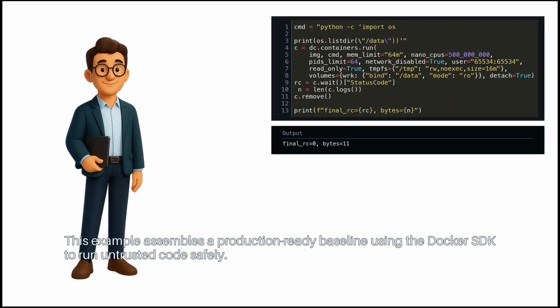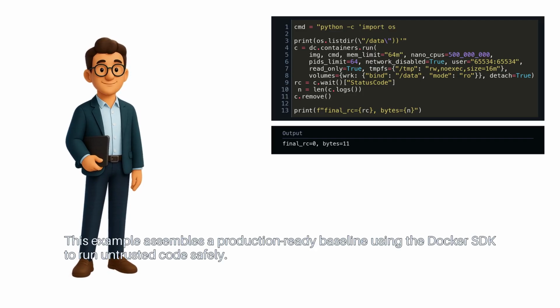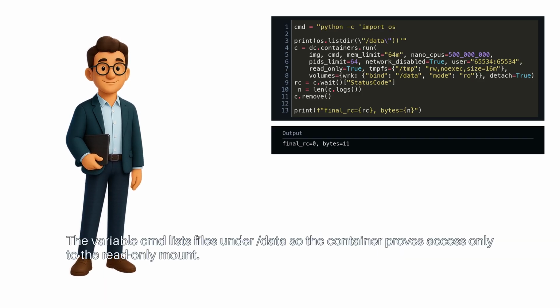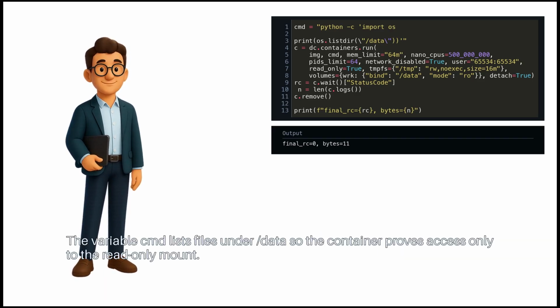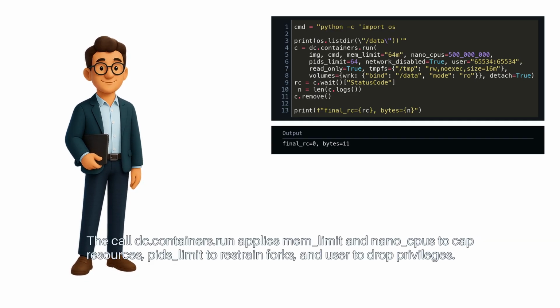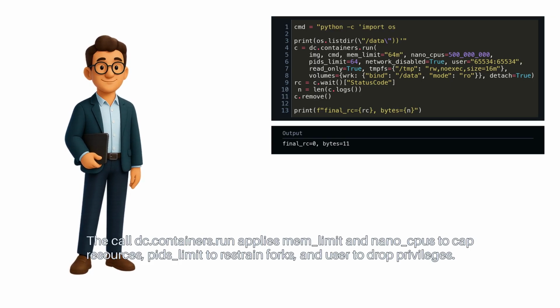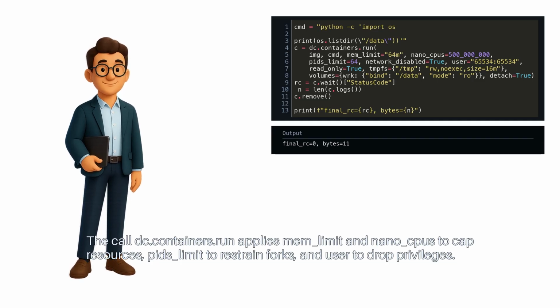This example assembles a production-ready baseline using the Docker SDK to run untrusted code safely. The variable cmd lists files under /data, so the container proves access only to the read-only mount. The call dc.containers.run applies mem_limit and nano_cpus to cap resources, pids_limit to restrain forks, and user to drop privileges.